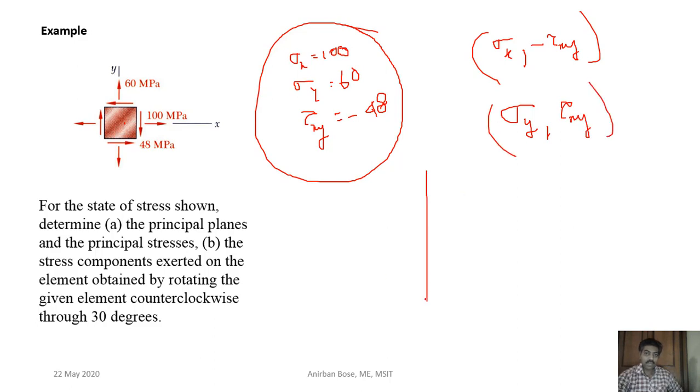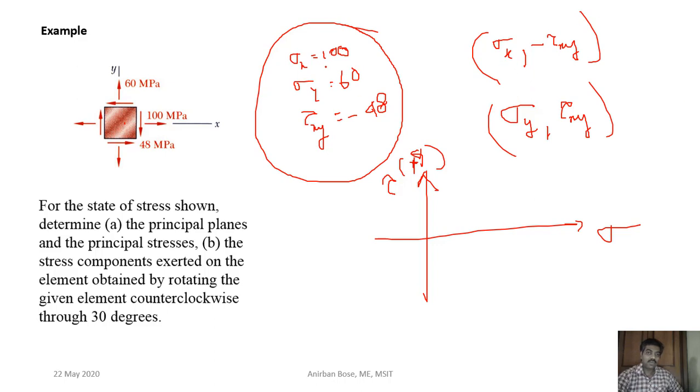And remember about the axis: this is tau, where anti-clockwise is considered positive, that is the sign convention of the tau that we are plotting here, and here it is sigma. This is the thing you have to remember.